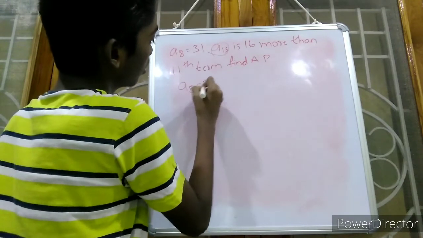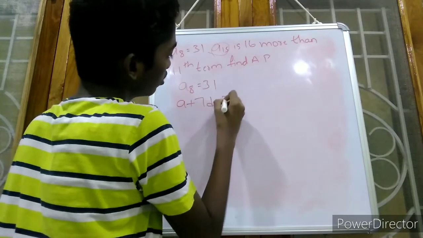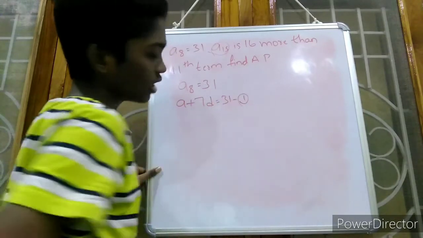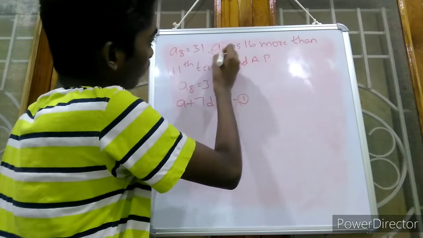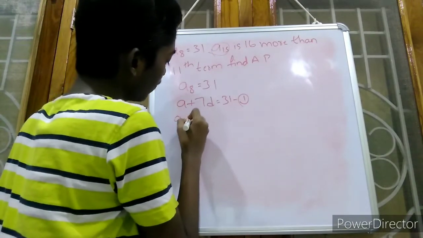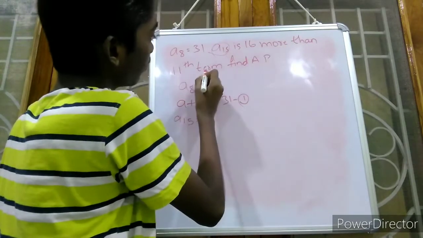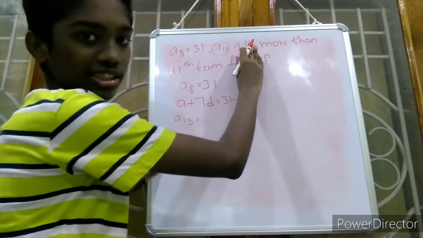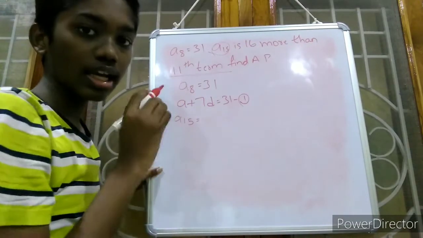A8 can be written as A plus 7D is equal to 31. We can take it as equation number 1. Now they have given A15. A15 is equal to 16 more than the 11th term. Now you keep 16 aside. Here you concentrate on the 11th term.